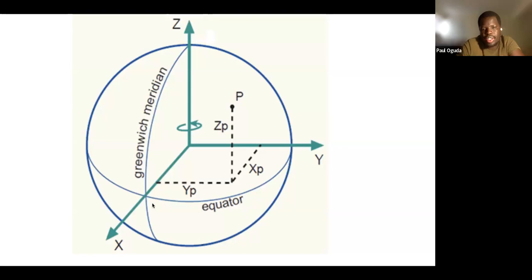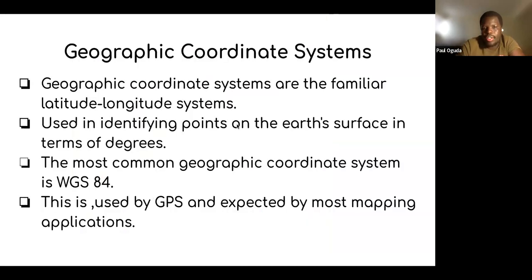I'm sure if you did geography, you remember the Greenwich meridian, the equator, among other things. So we also have a geographic coordinate system. This is the most prevalently used, and it's mainly the latitude and longitude. For any location on Earth, we have the latitude and longitude to show that.